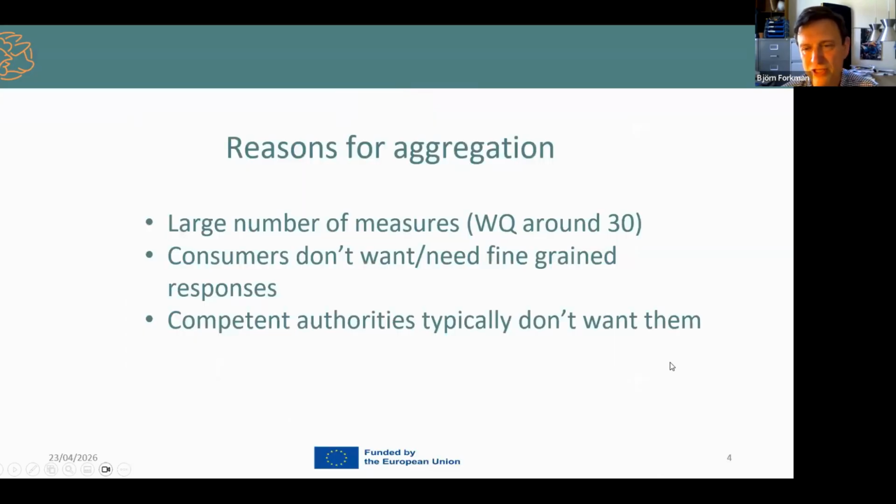And it's certainly not something you would like a consumer to try to do. Not least because the consumer normally doesn't know a lot about the individual measures. What the consumer simply wants to know is, all right, is this a good farm or a bad farm? Possibly, is this an excellent farm or good farm or bad farm?